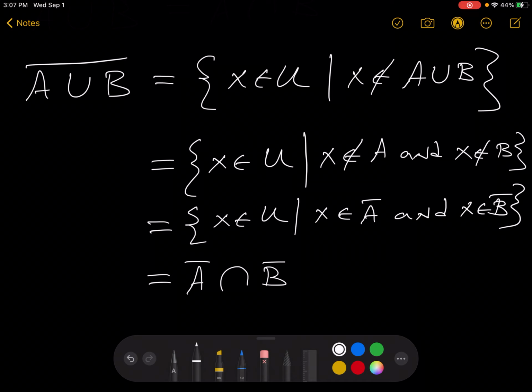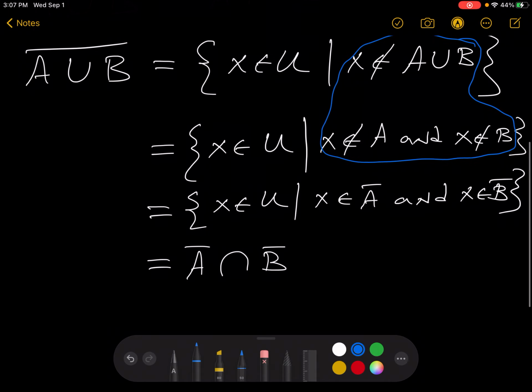Now you might be saying, hey, okay, sure, this is true, but where did you use De Morgan's laws? And let me show you. Okay, De Morgan's laws is used in this step right here. All right, so let's see what I mean by that.